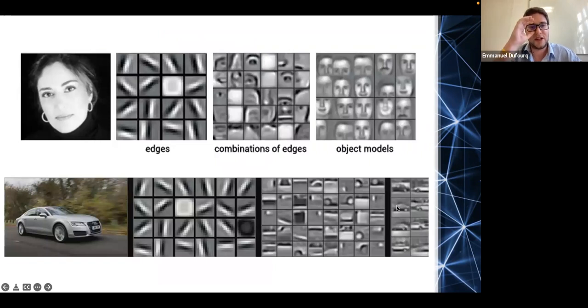So this is the same idea with convolutional neural networks: it abstracts. The initial layers of the convolutional neural network learn simple things like edges, slanted edges, these blobs, all these very simple things.